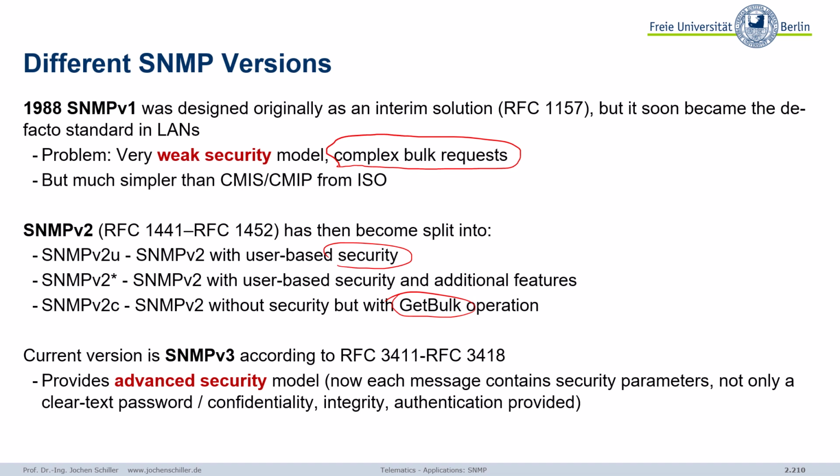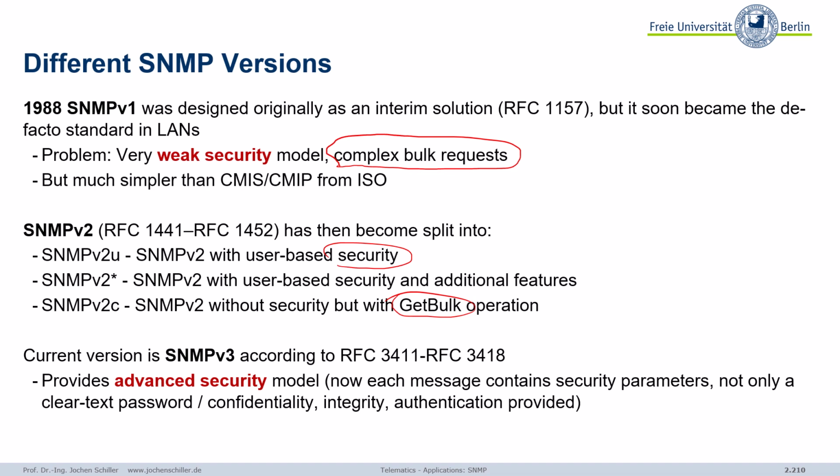And now with version 3 we really have advanced security, so all the messages now have the security parameters, and so we can guarantee confidentiality, integrity, and authentication. So this classical CIA triad you learned in the bachelor courses. So basic security, great. So SNMP version 3, that's the version you should use if you go for SNMP.